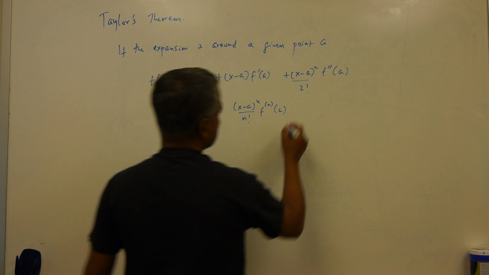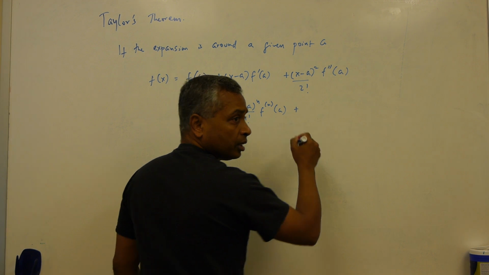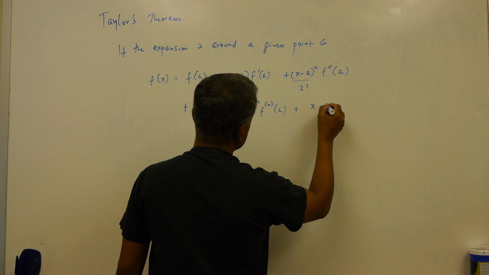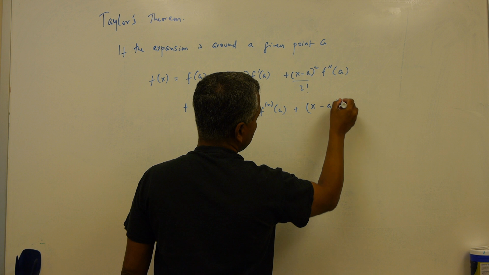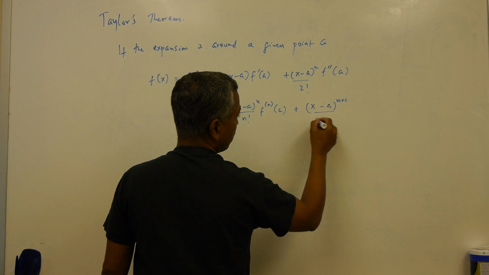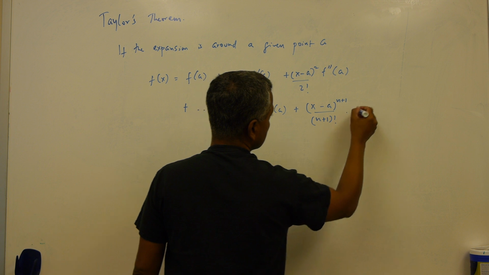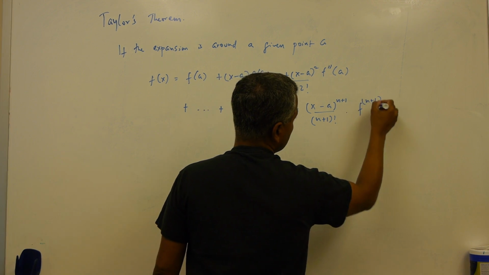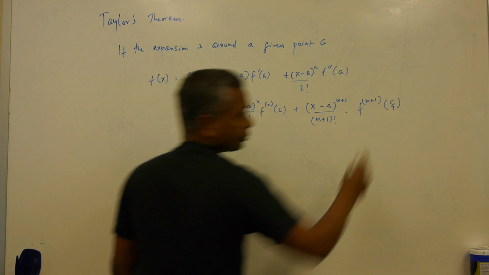So the residual term once again is (x minus a) to the power of n plus 1 divided by (n plus 1) factorial times f^(n+1) at some point eta again.